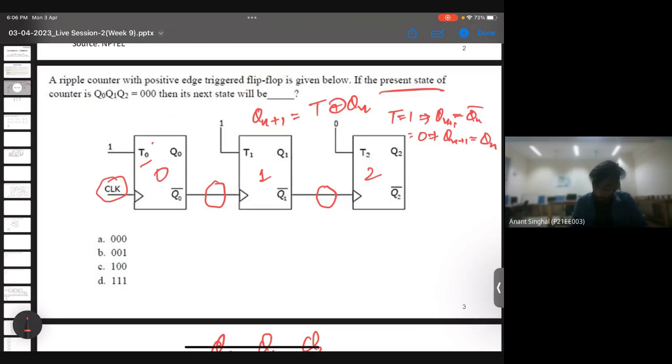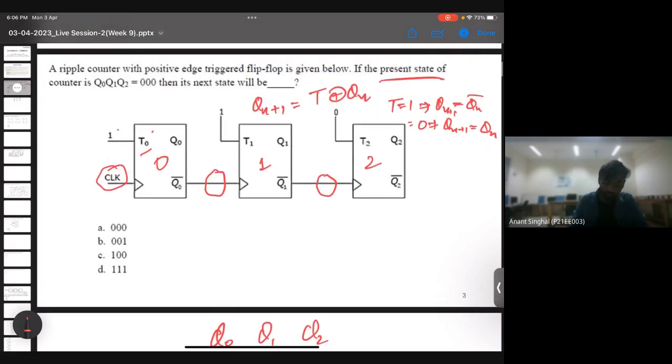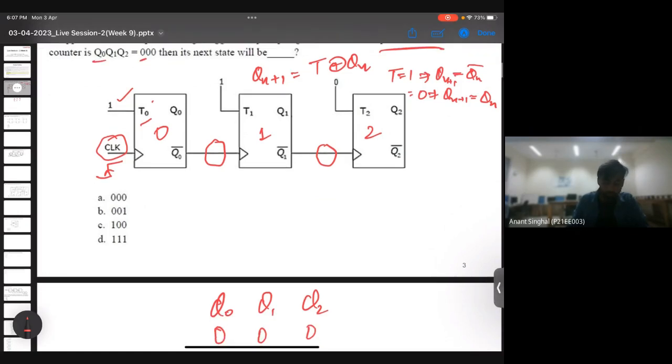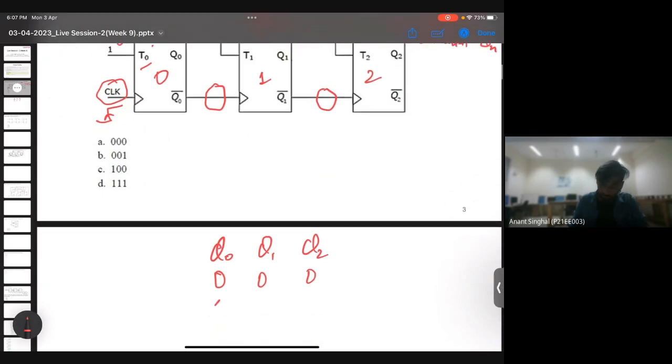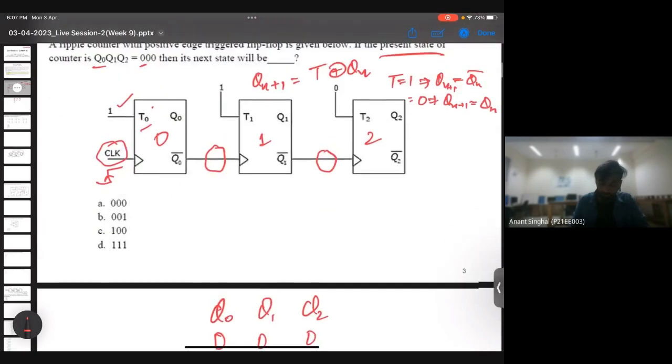So let's try to do this question now. As you can see, in the input of this T0 flip flop, 1 is given. So whenever the positive edge of the clock comes, it will toggle. The initial state Q0 is 0. When we apply the first pulse, since T0 equals 1, Q0 will toggle to 1. So now we have Q0 as 1, and Q0 bar will be 0.